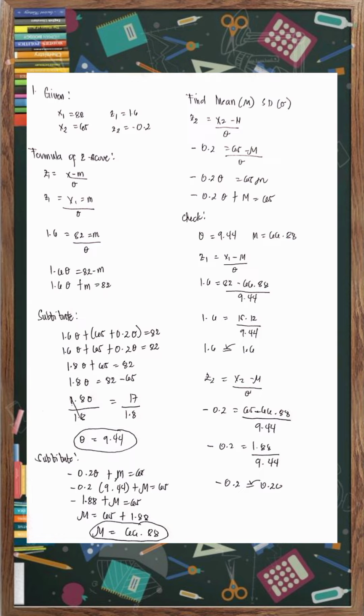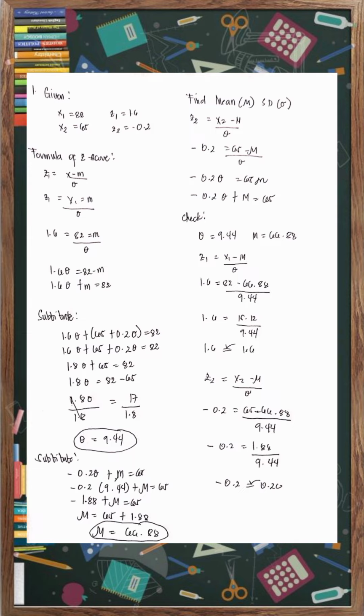Then, sa pangalawang substitute naman, negative 0.2 standard deviation plus 65 mean. Siyempre po, ang first substitute natin na nakuha natin yung answer ay 9.44. So, negative 0.2, then open and close parentheses, 9.44. Then, plus mean equals 65. Negative 1.88.